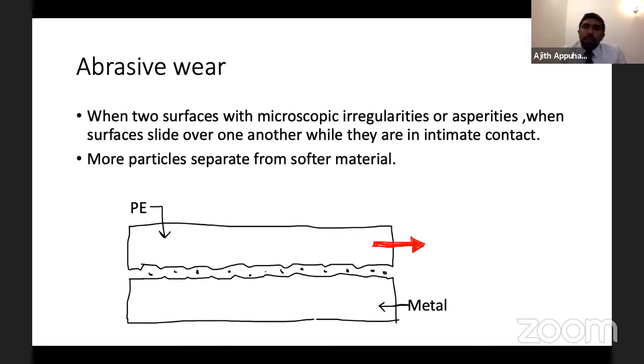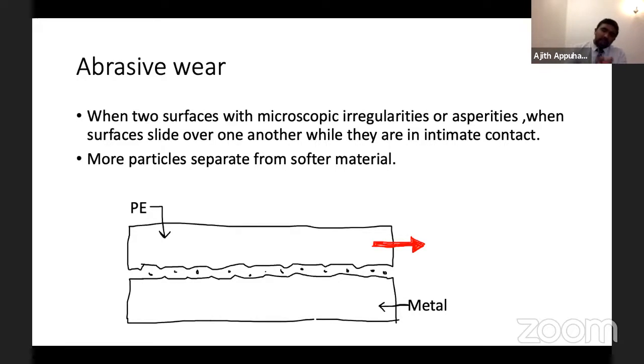So what is abrasive wear? Abrasive wear means when you look at the articular surface macroscopically, it's quite smooth and uniform. There are some irregularities, asperities.